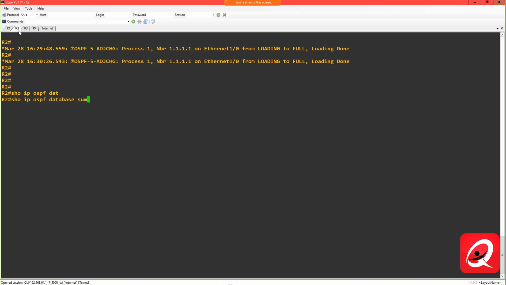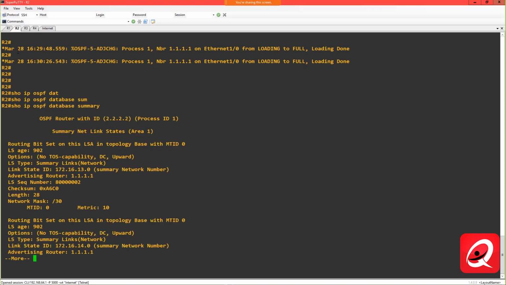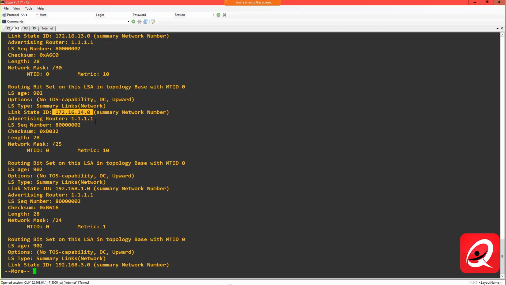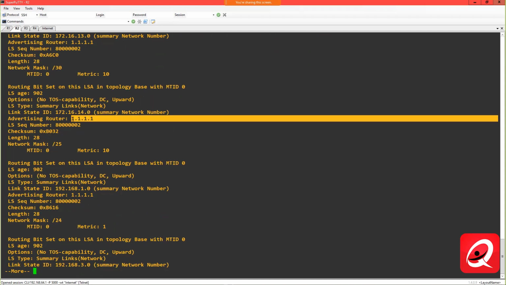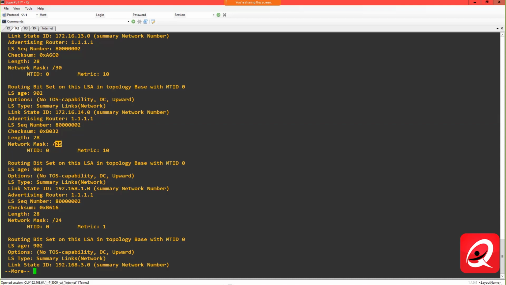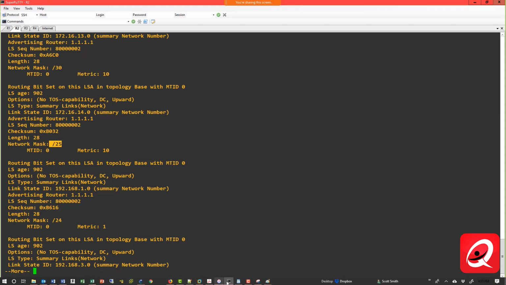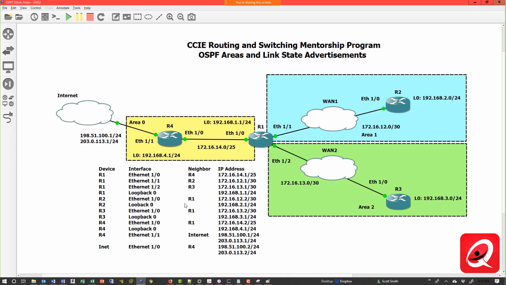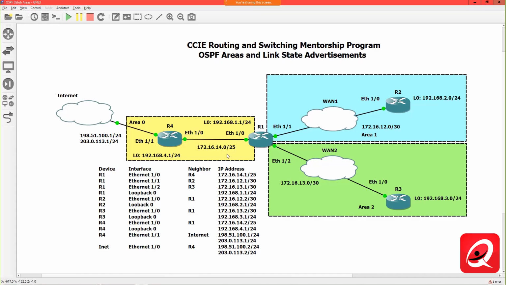And I'll do summary to look at my summary routes. And sure enough, here is the 14 subnet. The advertising router is the ABR, and this represents a /25 prefix. Let me make sure I'm looking at the right subnet here. I believe I am. Yep, 14/25.